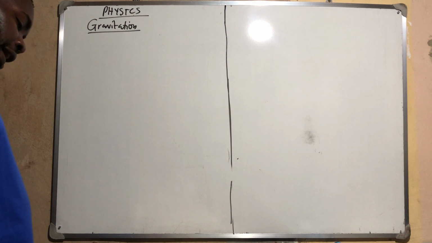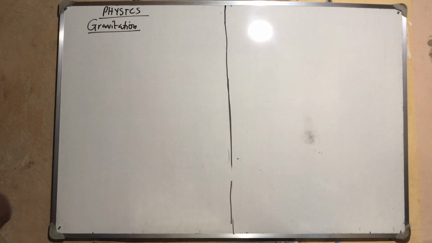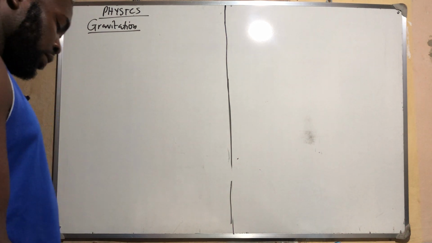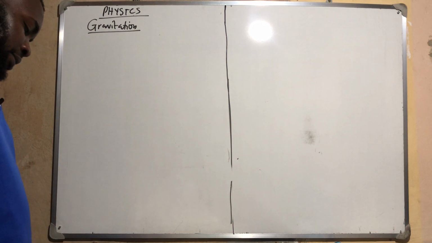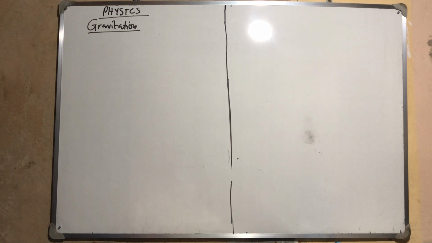Number two states that what? A line joining any planet to the sun sweeps out equal area in equal times. Then the last one states that the square of the period of any planet about the sun is proportional to the cube of the planet's mean distance from the sun.